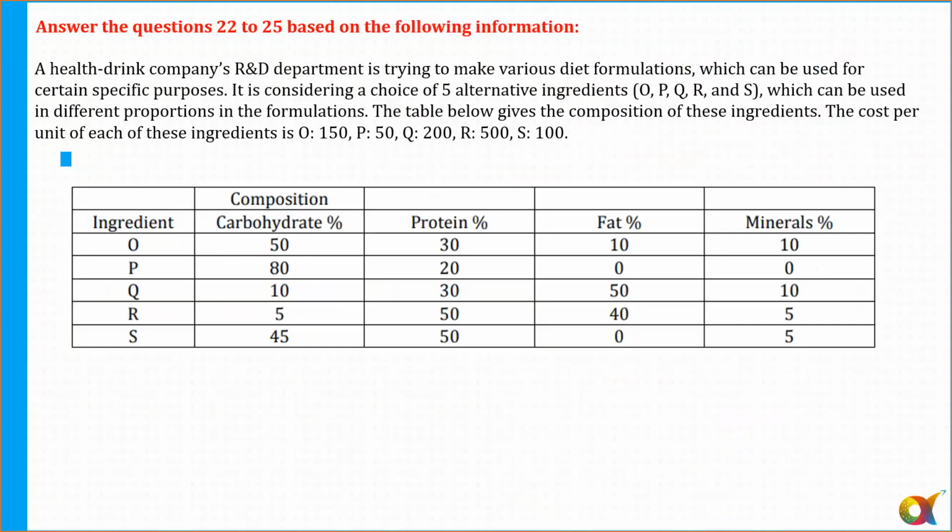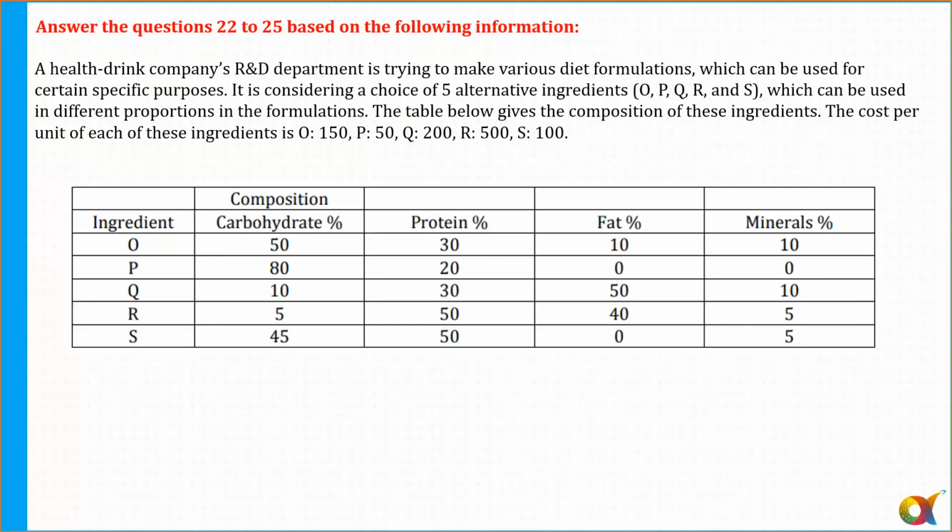Okay. So let's discuss question number 22 to 25. It says a health drink company R&D department is trying to make various diet formulations which can be used for a certain specific purpose.